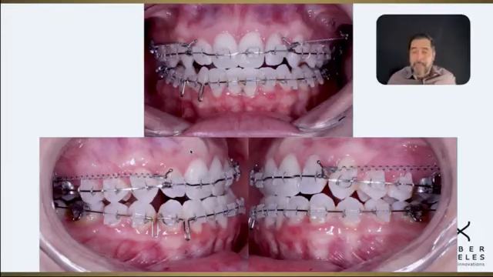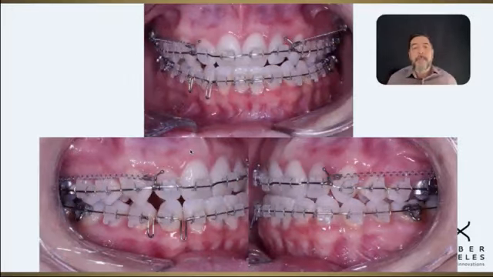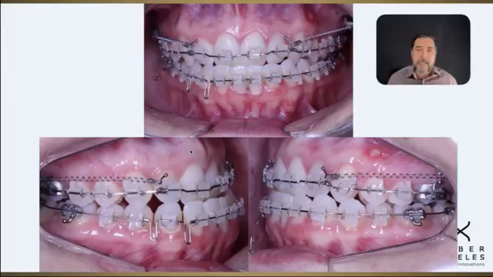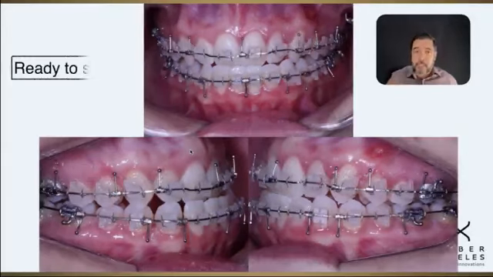So standard brackets are meant to be used in class 2 and class 1 cases. Standard Roth or Andrews are meant to be used in class 1 cases. In this situation, a class 3 with asymmetry, just using the brackets, the prescription and thick arch wires, we managed to correct the inclination and prepare the case for orthognathic surgery.